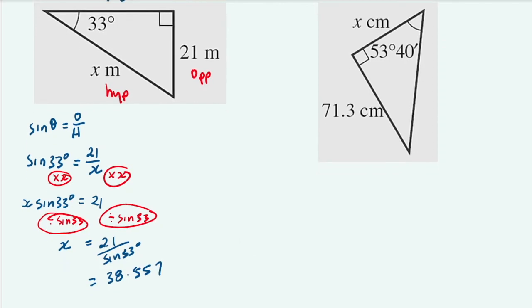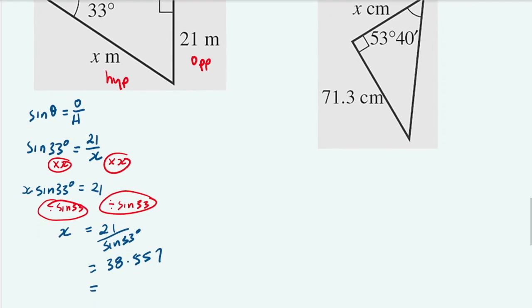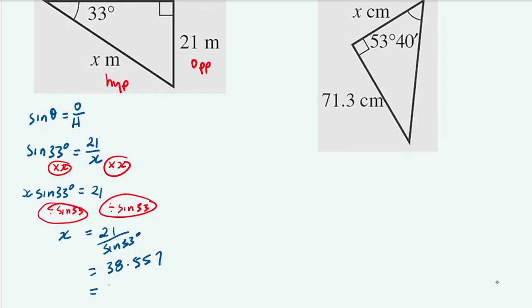But if I round it to one decimal place, because we've got that 5 there, the next 5 up is going to go to a 6. So 38.6 is our answer. Should probably put the meters there as well.